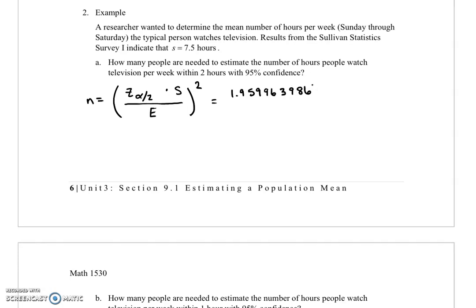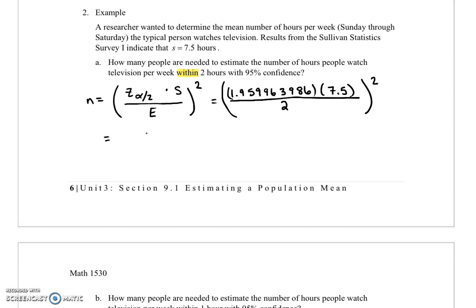And we're going to multiply that number by the sample standard deviation of 7.5, divide it by the margin of error, which is 2 for this problem, and then square the whole thing. So remember, the word within indicates the margin of error. That's like the key word.